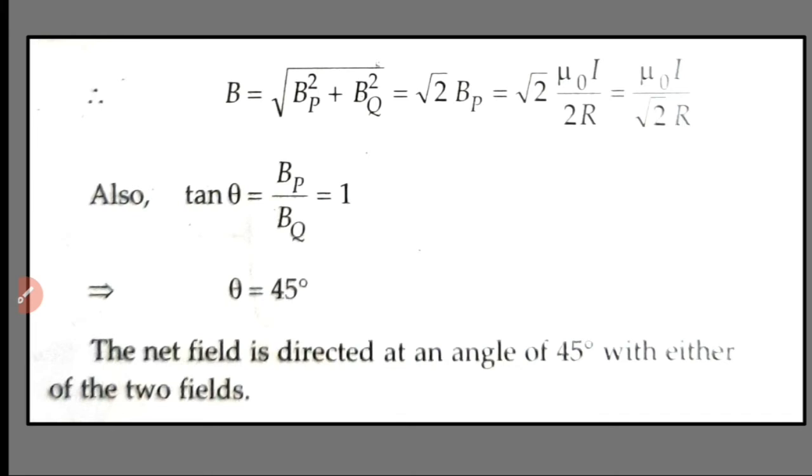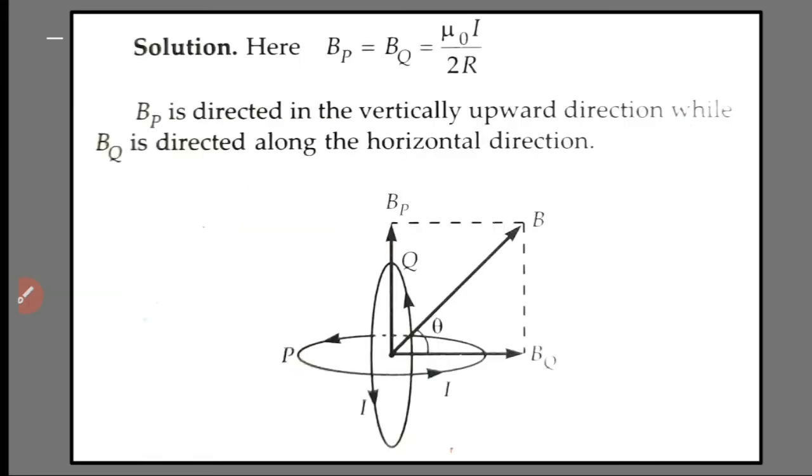Now direction also we are asked to find. Direction we can write quickly, because here the two magnetic fields are equal. If two equal vectors are inclined at an angle theta, their resultant will make an angle theta by 2 with either of the vectors. Last year we have discussed this, so we can apply that point here.